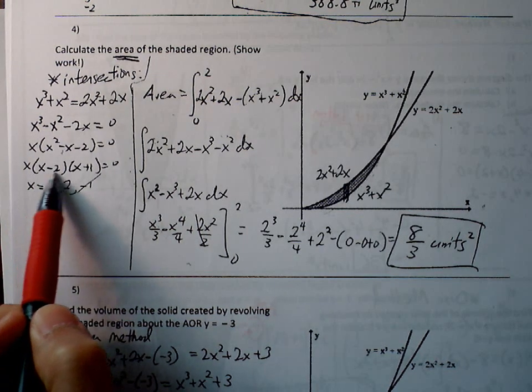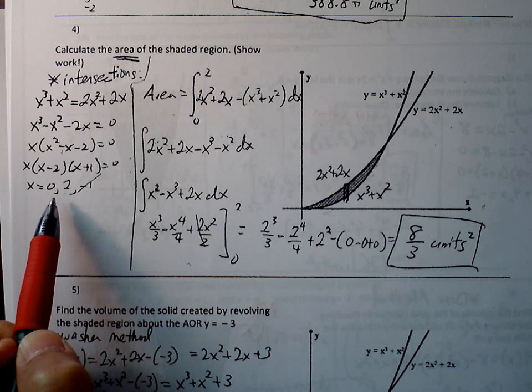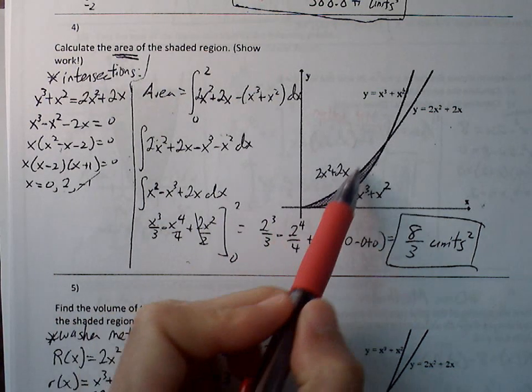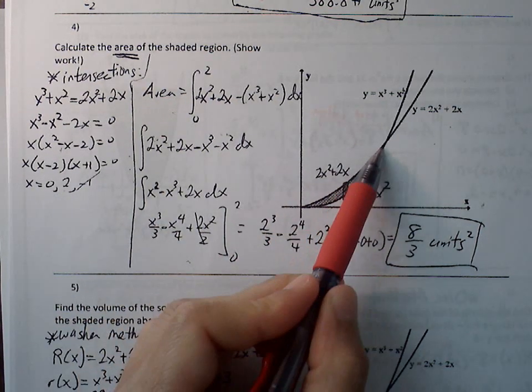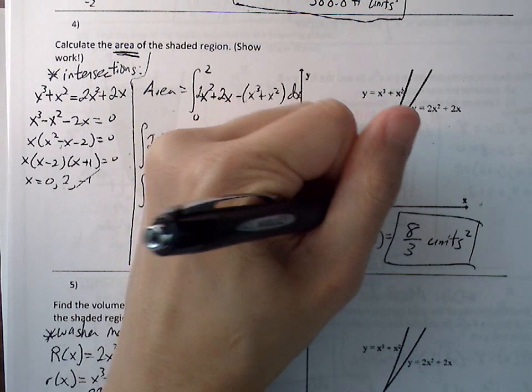Factor an x out. Continue factoring. We get x minus 2 and x plus 1. So we have three intersections here: 0, 2, and negative 1, but we're only calculating the region between 0 and 2.